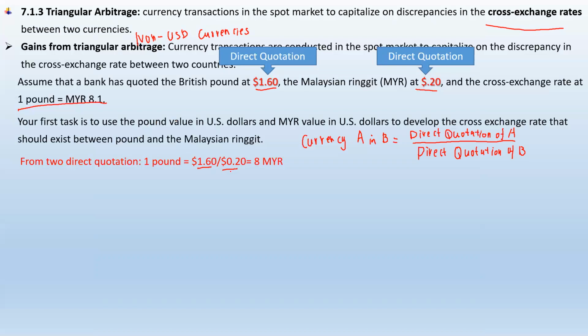Direct quotation of MYR is $0.2. So we found 1 British pound equals to 8 MYR.